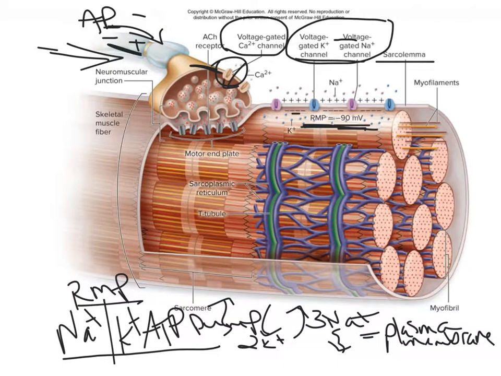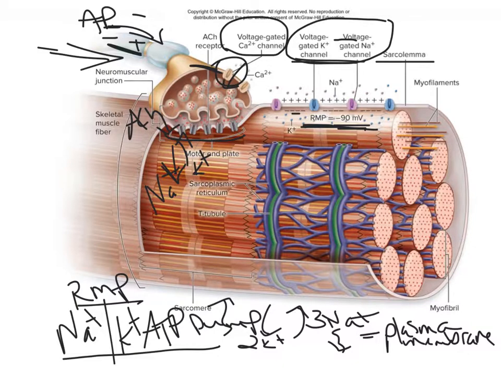Same thing can happen here, and this can happen because the acetylcholine travels across the synaptic cleft, interacts with the acetylcholine receptors, and it causes there to be an influx of sodium and then efflux of potassium.